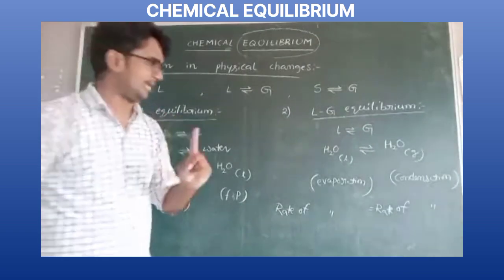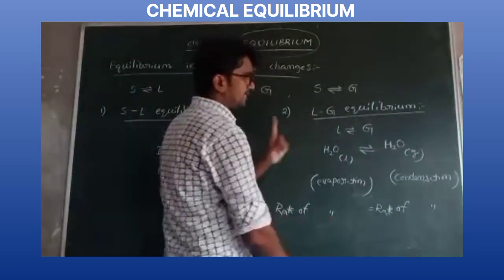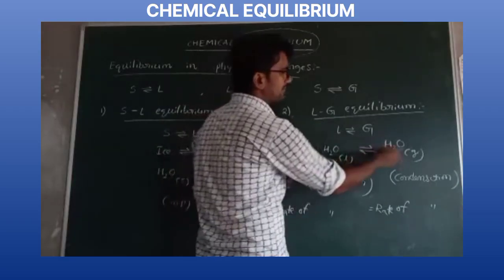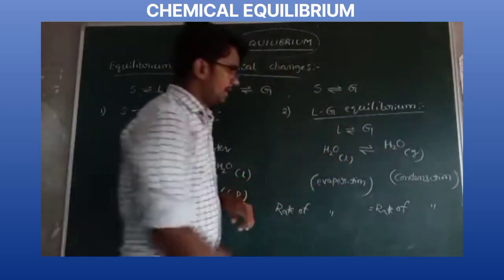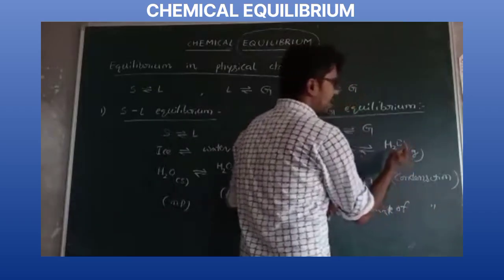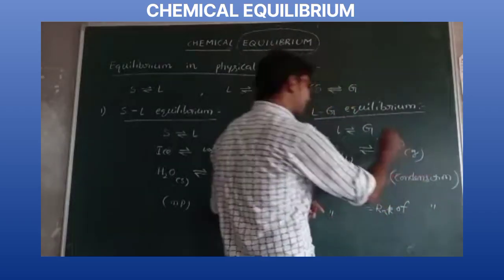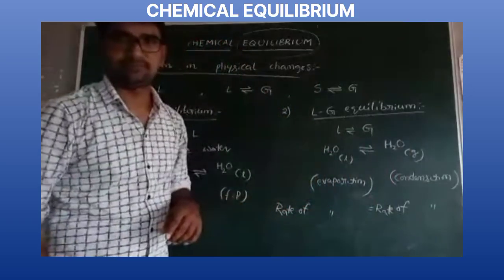Rate of evaporation means in 1 second, how many liquid water molecules are converted to gas. Rate of condensation means in 1 second, how many gaseous water molecules are converted to liquid.